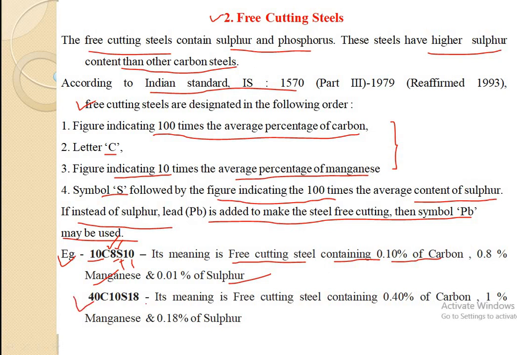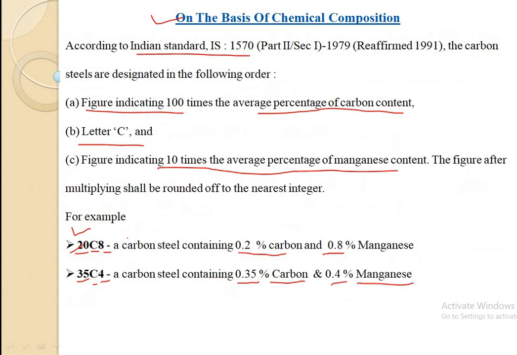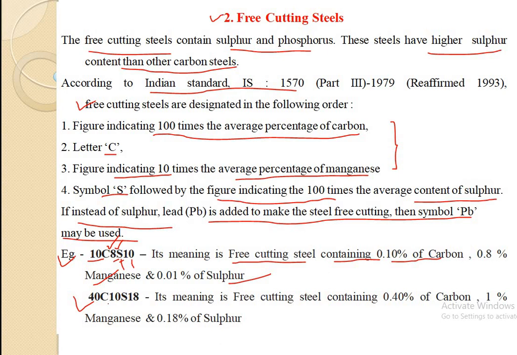Now take another example. 40C10S18: 40 divided by 100, 0.4 percentage of carbon, C stands for carbon, 10 divided by 10, 1 percentage of manganese, and 18 divided by 100, 0.18 percentage of sulfur.